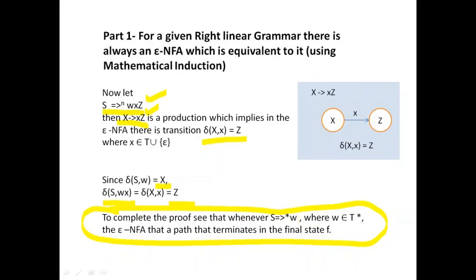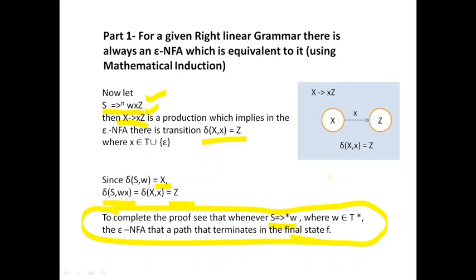In the corresponding epsilon NFA also, you will end up in a final state. So we can say that precisely when our right linear grammar derives the string of terminals, we will also be reaching the only final state in the epsilon NFA. So now we can say that a right linear grammar and an epsilon NFA that we generate using the rules stated here are equivalent.